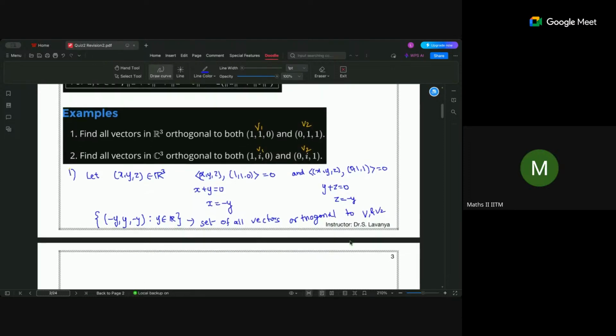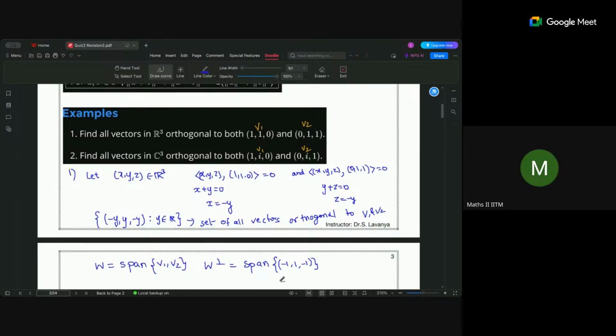Also, suppose W is equal to the span of v1, v2, then W perp is the span of which vector? Can you tell me? W perp is the span of (minus 1, 1, minus 1). Okay, fine.